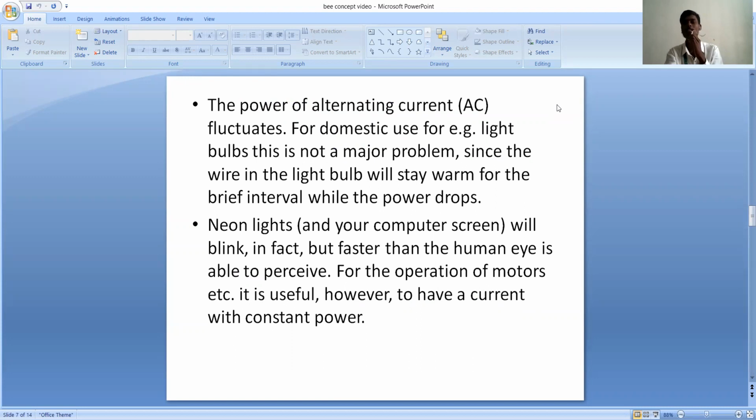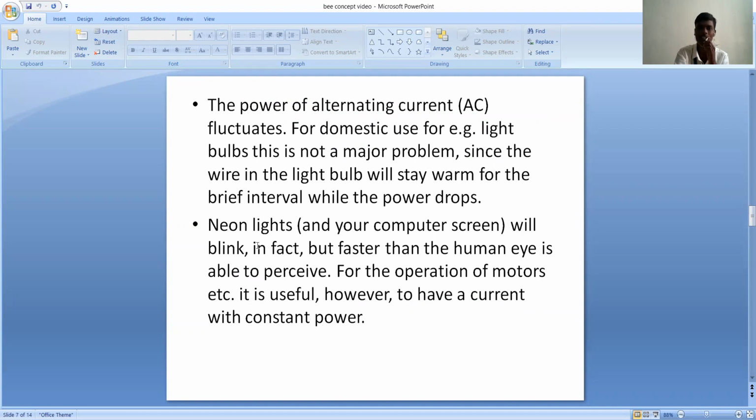In olden days, the light bulbs used in houses worked on voltage: if the voltage is low, the glow will be low, and if the voltage is high, the glow will be more. But nowadays we are using LED lights. The main advantage of LED lights is that whether the voltage is low or high, the glow will be constant.